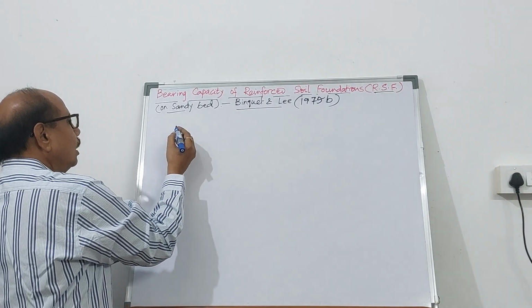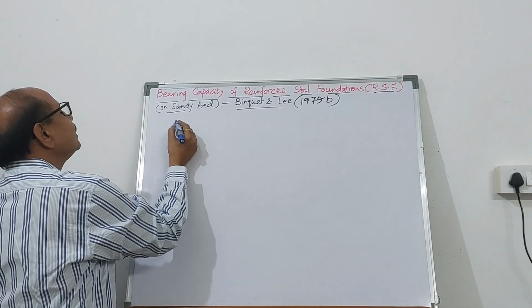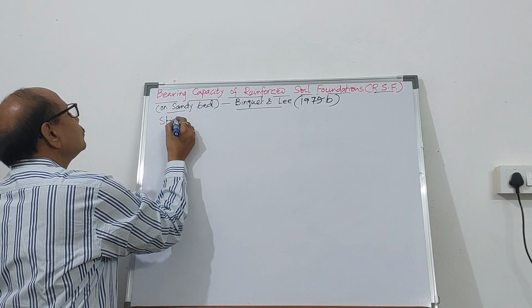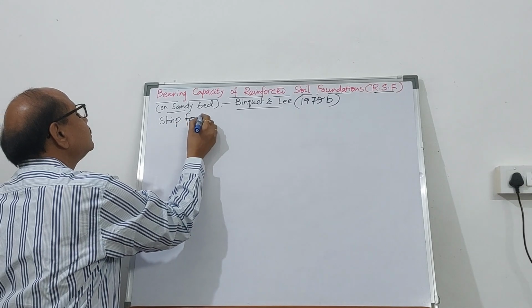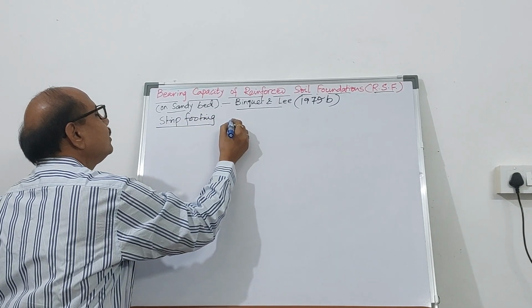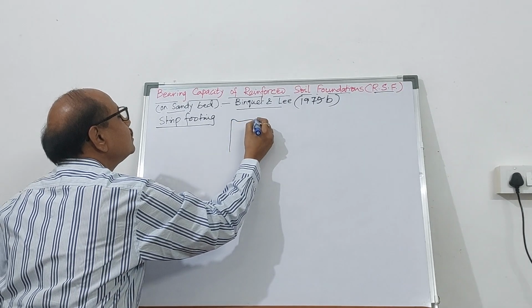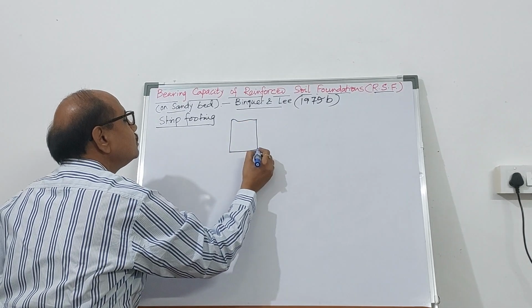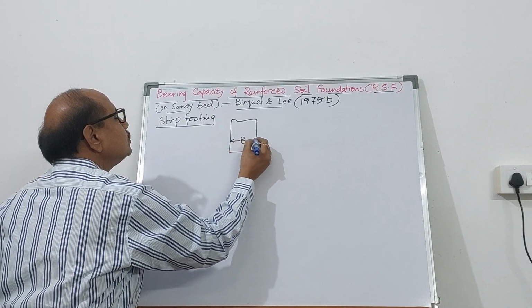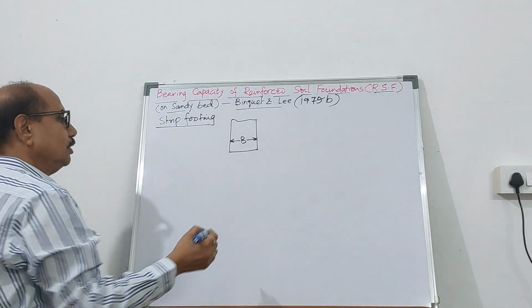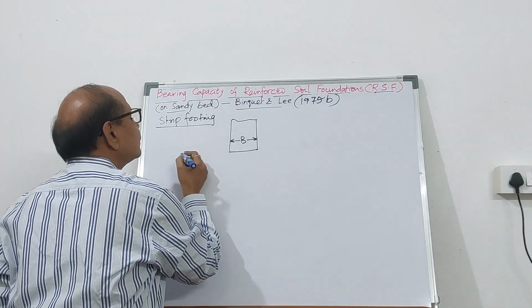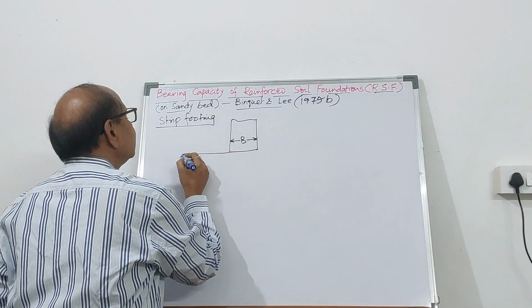So, we can see he took a strip footing, or continuous footing, of dimension B, and it is resting here.